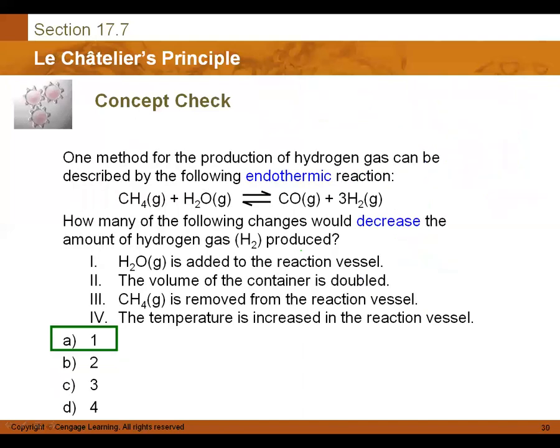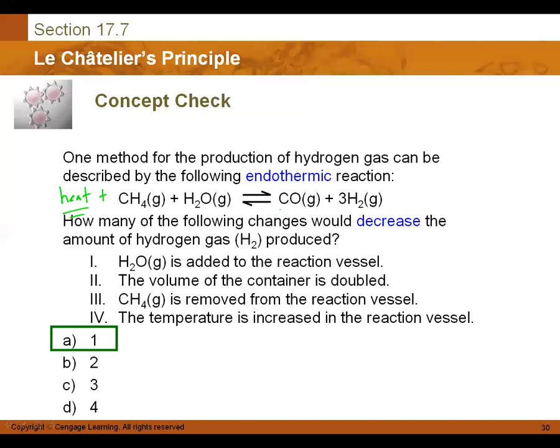All right, so here is another example. So this guy here is endothermic, which means heat would be written in over here.